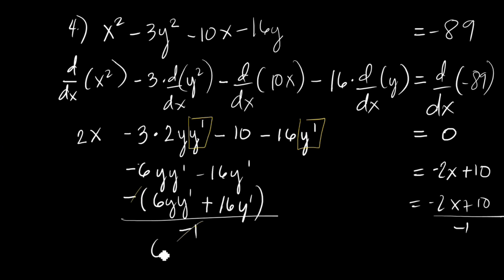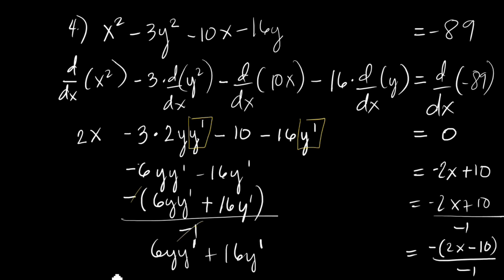So what we have here is 6y prime plus 16y prime equals. Before you cancel the negative 1, you need to factor. So we have negative 2x. Since this is positive, automatically what will be inside the parentheses will become negative. Then 10, negative 1 here.